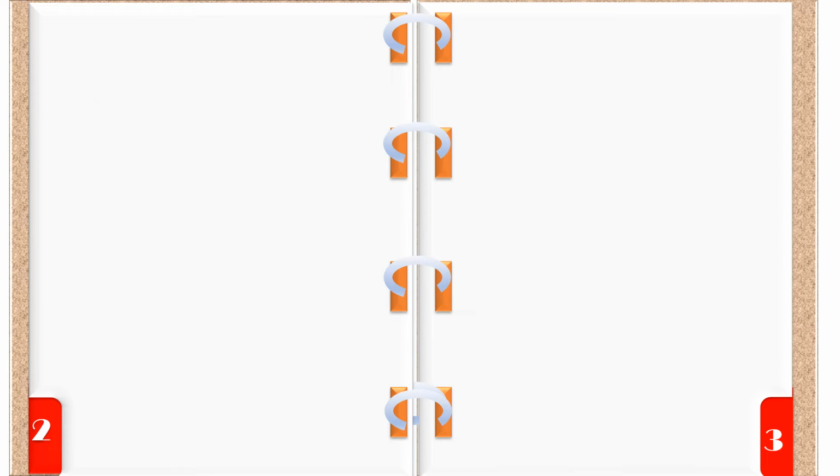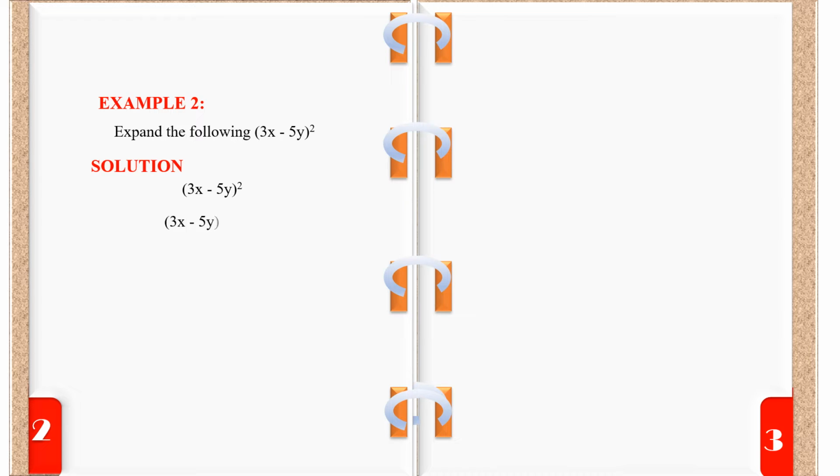Example 2, you have to expand (3x minus 5y) squared. Now, to solve that, it means we are going to multiply 3x minus 5y 2 times. That is (3x minus 5y) times (3x minus 5y). Now, we are going to use 3x to multiply 3x minus 5y.